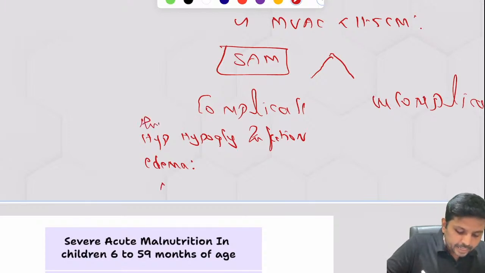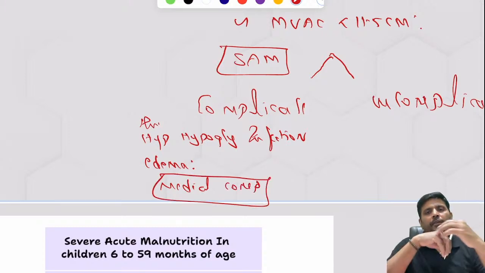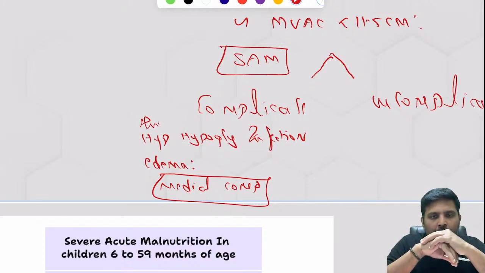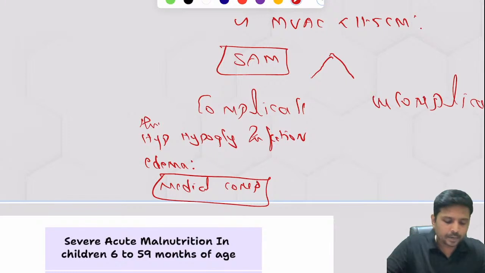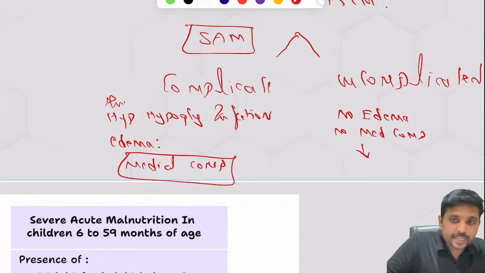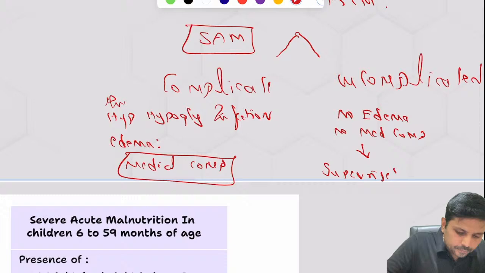So when you have medical complications, you call it complicated. Uncomplicated means there is no edema, there is no medical complication. This can be dealt with a supervised home regimen, supervised home treatment.